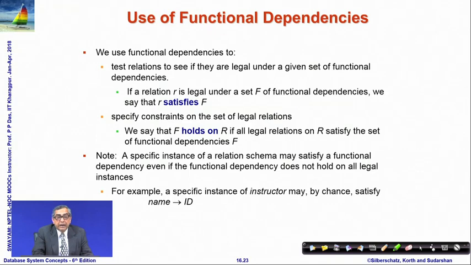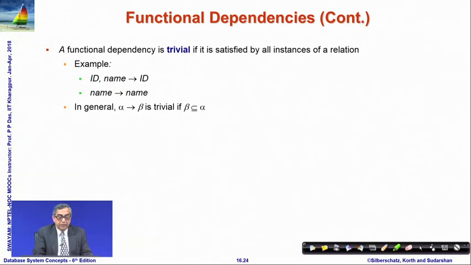So, we can say that name functionally determines ID is satisfied by a particular instance where it so happens that there are no two rows where the name is identical, but we may not be able to infer that as this dependency holding on the relational schema as a whole, because tomorrow we can get another entry, so that two rows might match on the name, but could still be distinct entries not matching on ID. So, that is how this will have to be looked at.